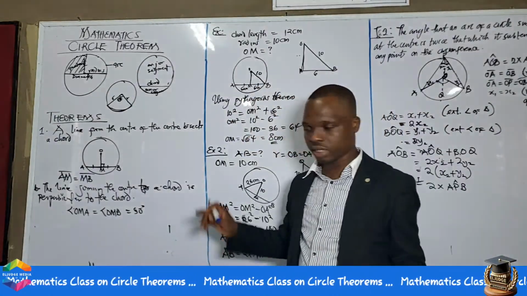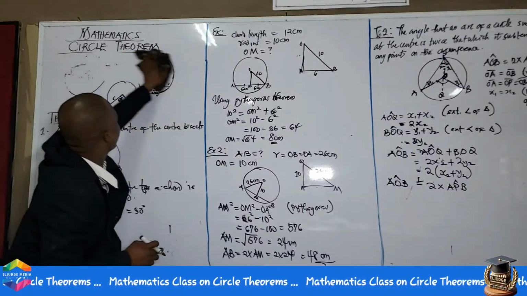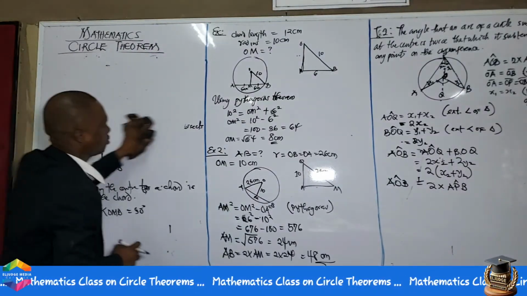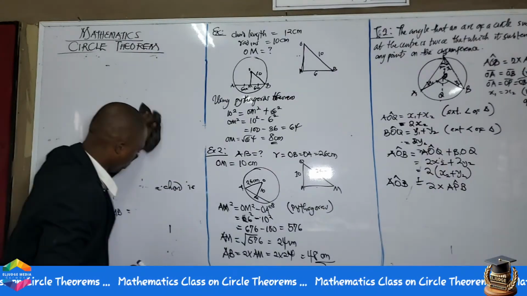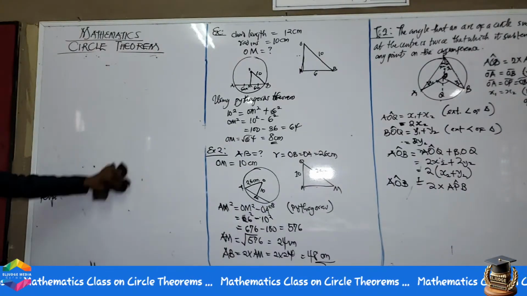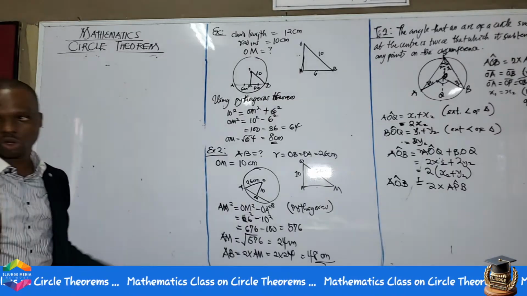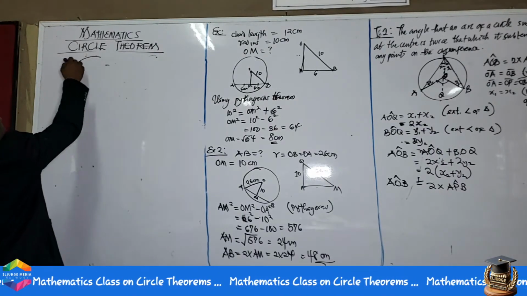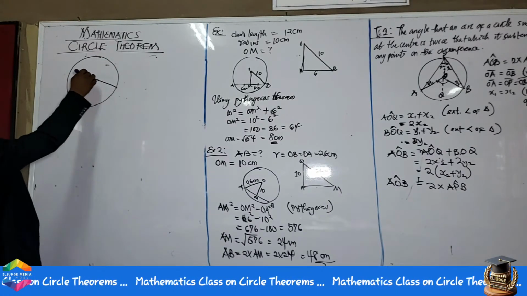Let's come to this side. So a question, you will see lots of diagrams in your exam. You must be able to identify which theorem to use, and you must also state the theorem that you are making use of in your solution. Okay, let's see this diagram, having O at the center.